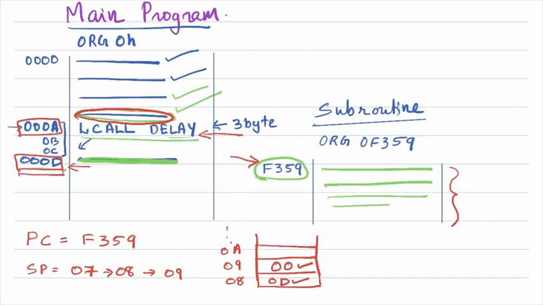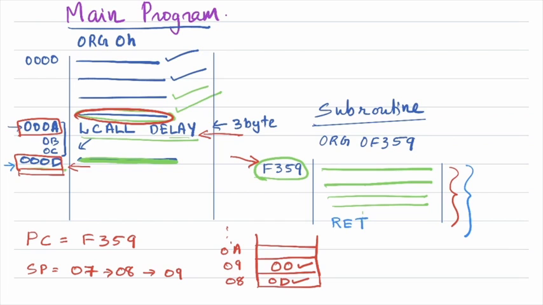We keep on executing these, and at the end of the instructions we will have the RET instruction written. Now, when we execute the RET instruction, naturally after the execution of this subroutine, the program control should go back to the location 000D. Why?